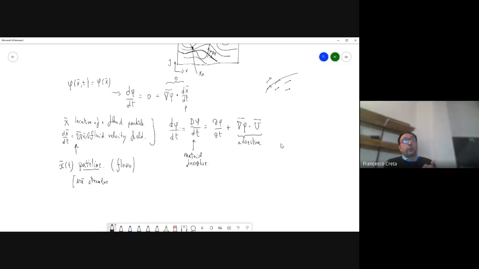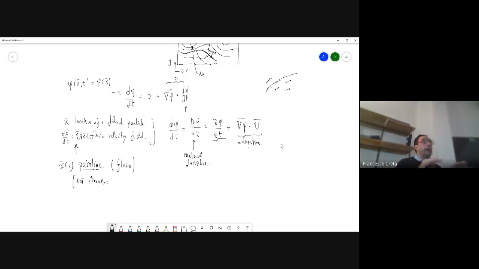Okay, so there is an Eulerian part, which is this one here, which has to do with the fact that if we stay in one point, we're feeling the variation in time of this scalar field, and then there is another part which has to do with how fast we're moving through the scalar field, and how steep the variations of the gradient itself are.